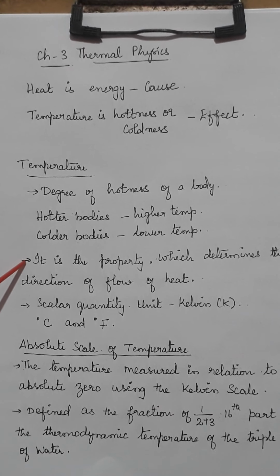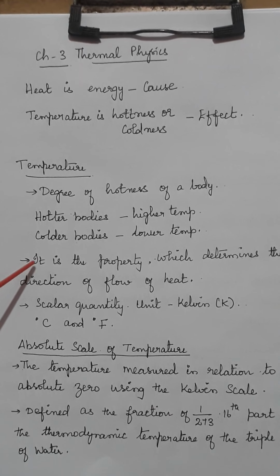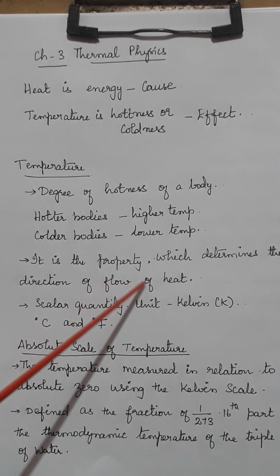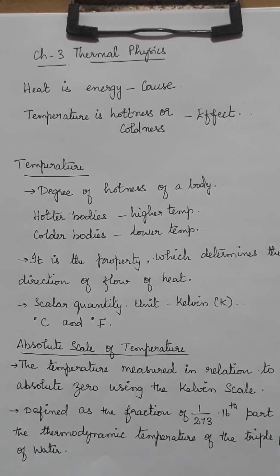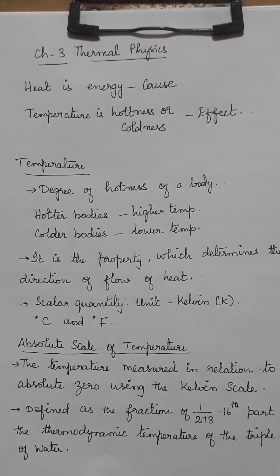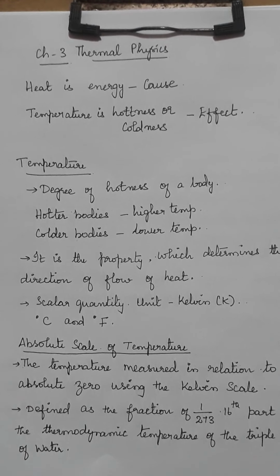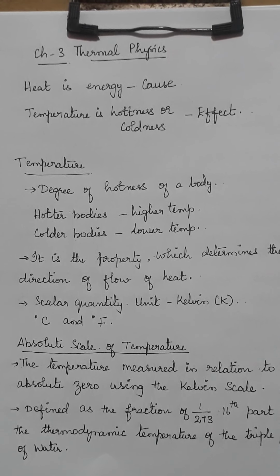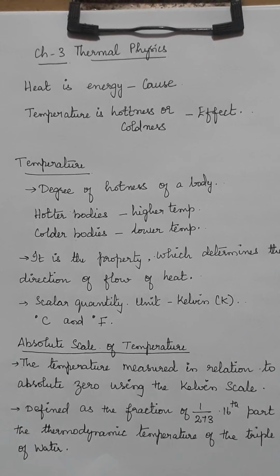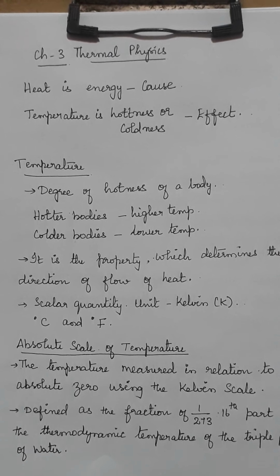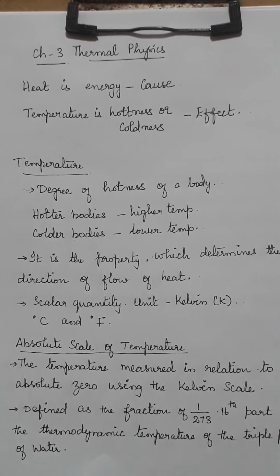So how to define temperature? It's the property which determines the direction of flow of heat. That is, temperature will say from which substance to which substance heat is flowing. For example, to understand this, consider an ice cube dipped in normal water.